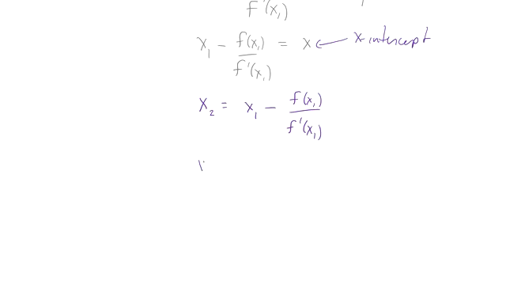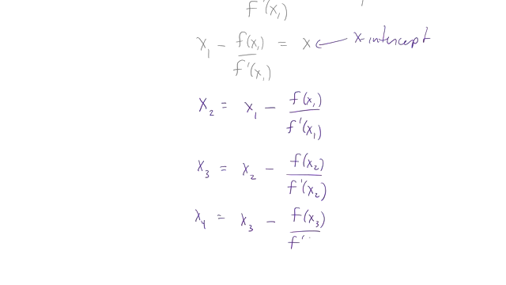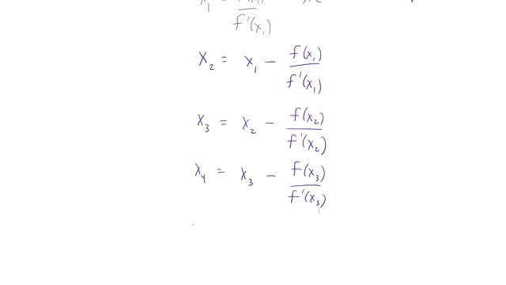My third approximation will be x sub 2 minus f of x sub 2 over f prime of x sub 2. My fourth approximation is x sub 3 minus f of x sub 3 over f prime of x sub 3, and my fifth approximation, and so forth.